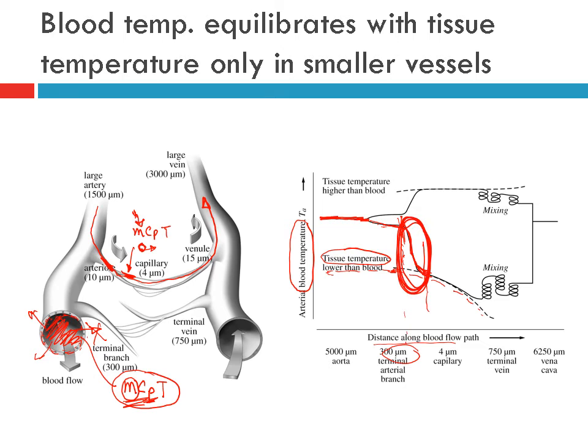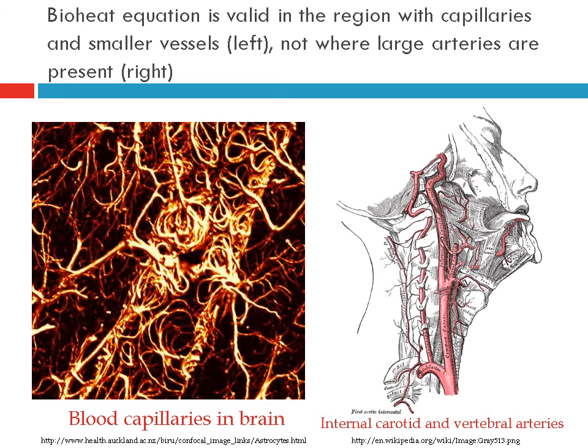This is the punchline. Heat exchange basically happens in these smaller vessels. An example of that could be blood capillaries in the brain. So this is where we can make the assumption that the blood dumps all the heat to the tissue.